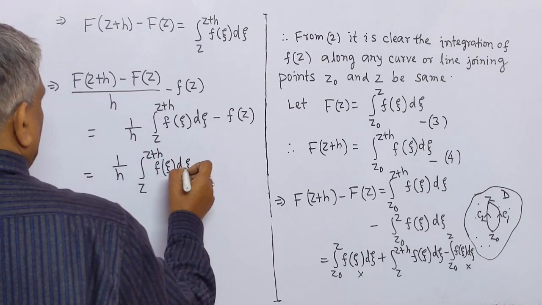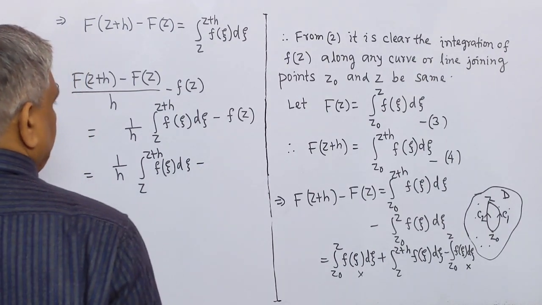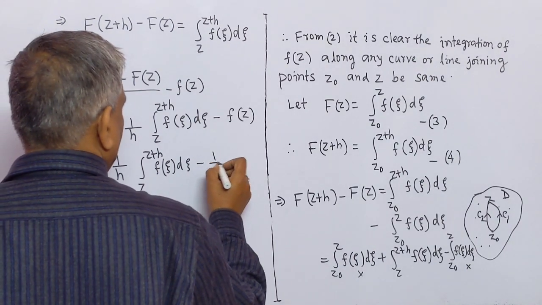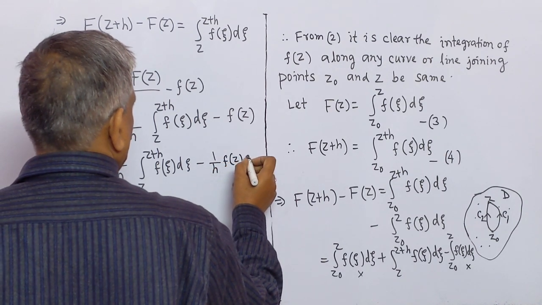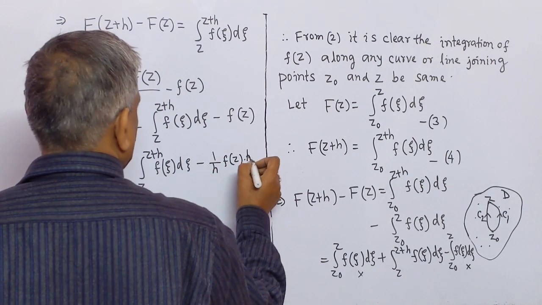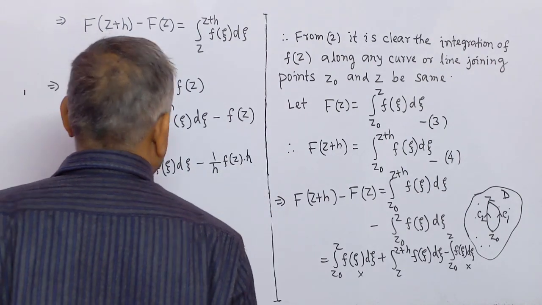We write here 1 by h times f(z), multiplied by h, which cancels and remains the same thing.